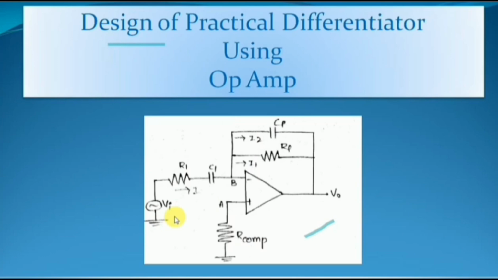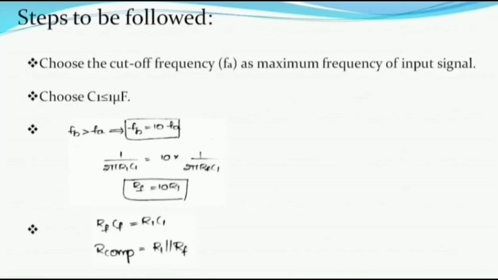Now we are going to see the steps to be followed in order to design these resistor values and capacitor values for the given input signal parameters. For the first step, we have to consider the cutoff frequency FA as the maximum frequency of the input signal.